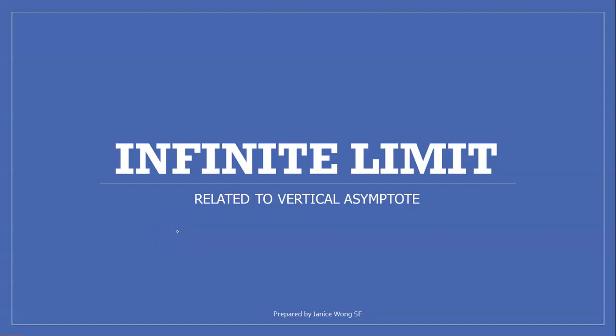Let's continue with infinite limit today, which is related to vertical asymptote. Do you know what is infinite limit? When x is approaching a value, say a, and y is approaching infinity or negative infinity, this is the case representing infinite limit. It means the limit for y is no limit.